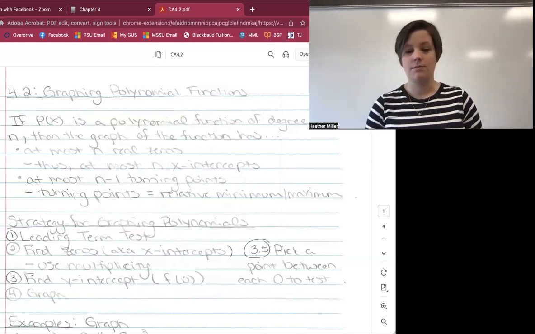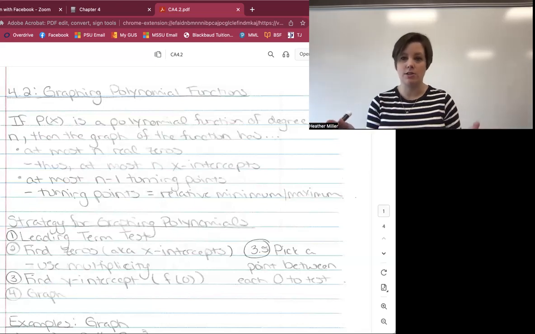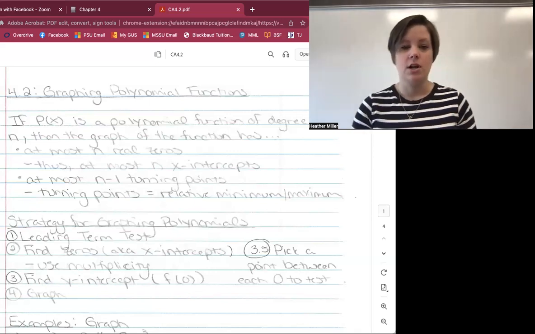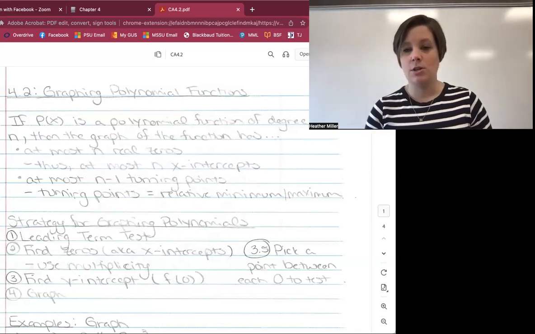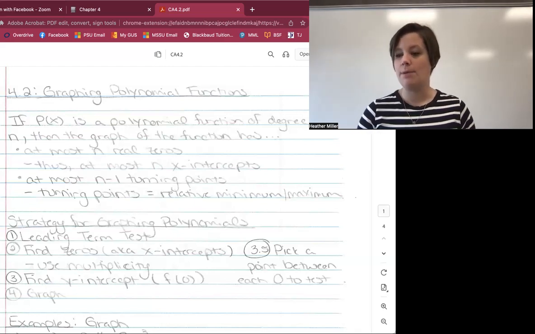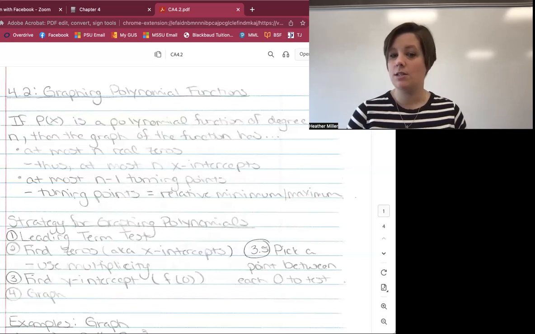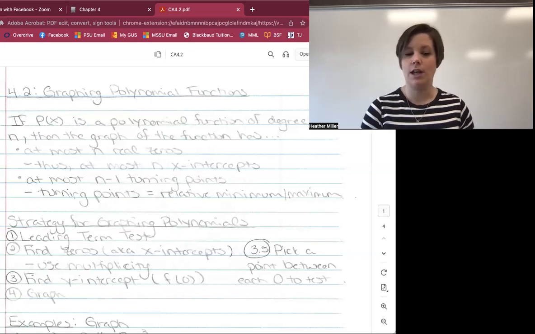Then we're going to find all of our zeros, aka all the x-intercepts, aka all the solutions for this polynomial function, and make sure that we note the multiplicity for those different zeros, because what happens at those zeros is different depending on if we have an even or an odd multiplicity. Then we are going to find our y-intercept by plugging in 0 in place of our x for finding f of 0.